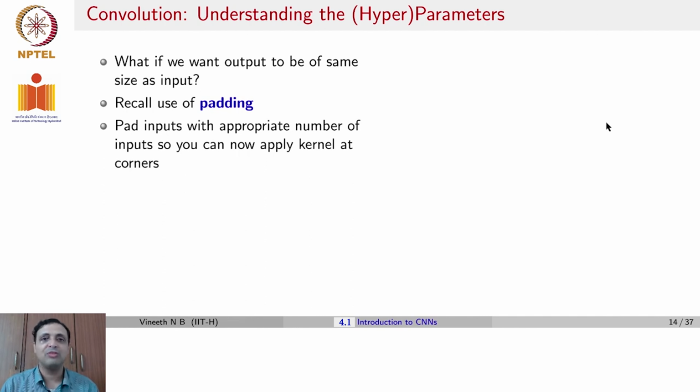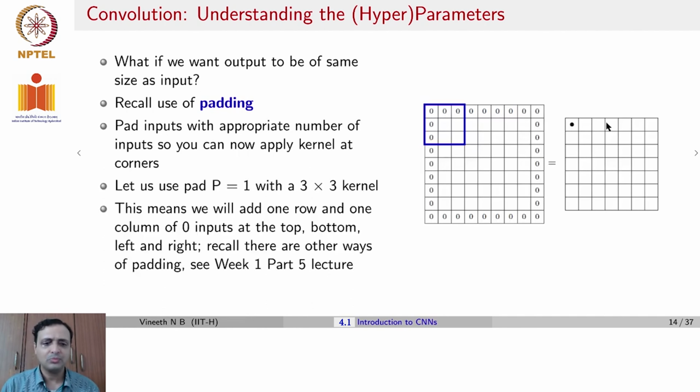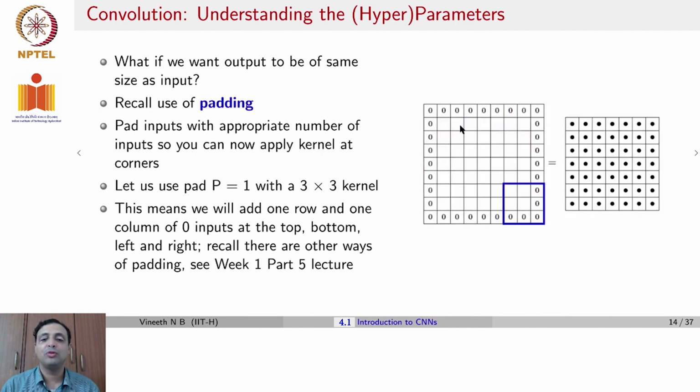That way you can convolve even the boundary pixels. Now you would have something like this. So your 7 by 7 becomes a 9 by 9. And now you can place your kernel even at the corners as you convolve your 3x3 filter on this image, and your output remains 7x7 like your input image.